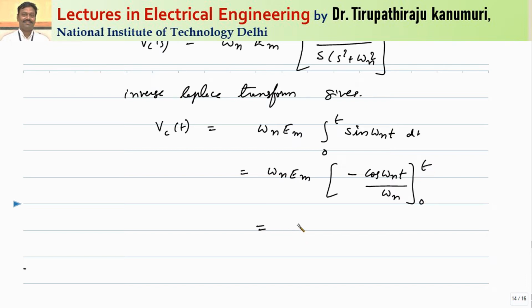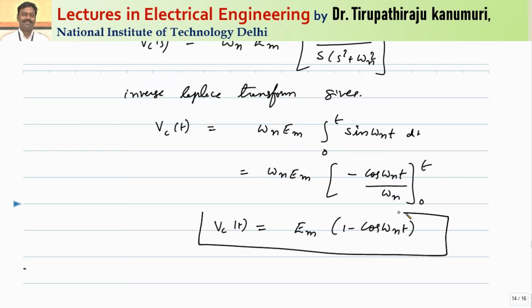If you substitute this value, you will get E maximum into 1 minus cos omega nt. So this is my value of the voltage across the contacts of your circuit breaker, where the value of omega n is equal to 1 by root LC. This is called the natural frequency of oscillations.